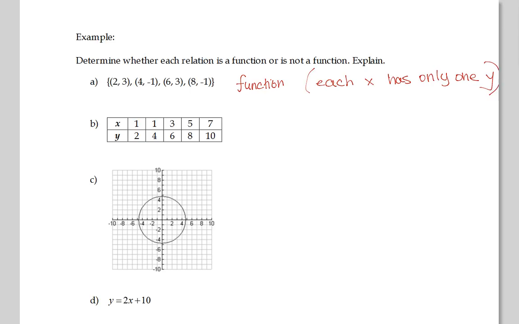That's the reason. That's what you'd put for the explain. How about part B? Okay, non-function, good. Why is it not a function? Because when x is 1, y could be 2 or 4, good.